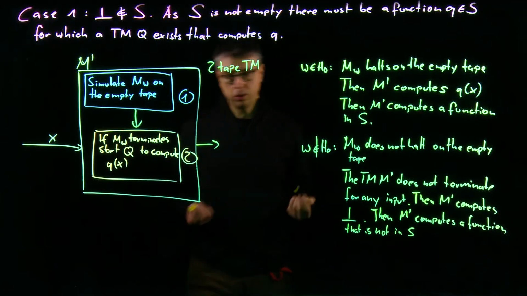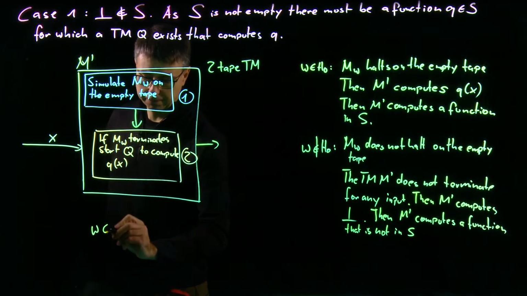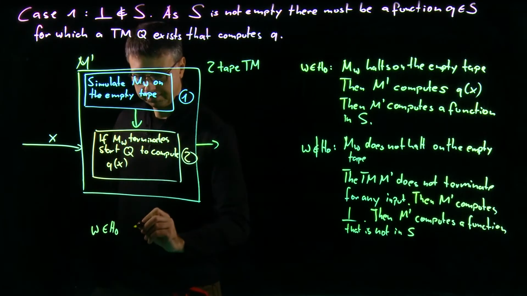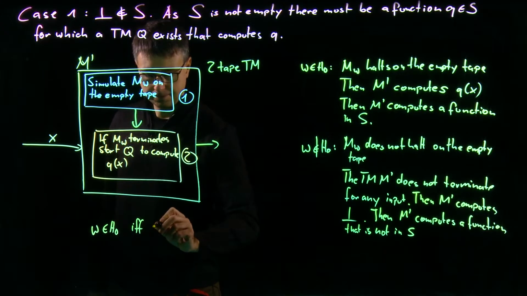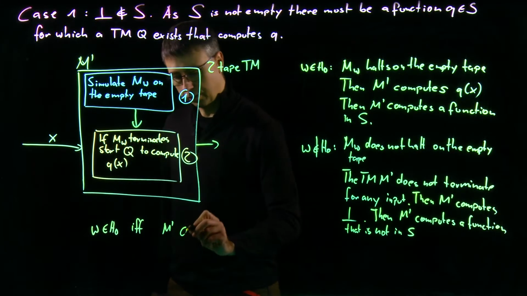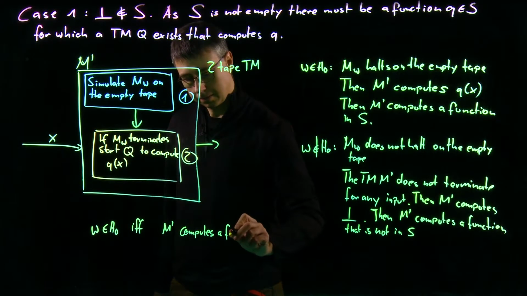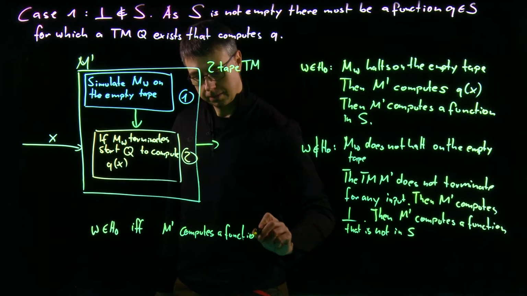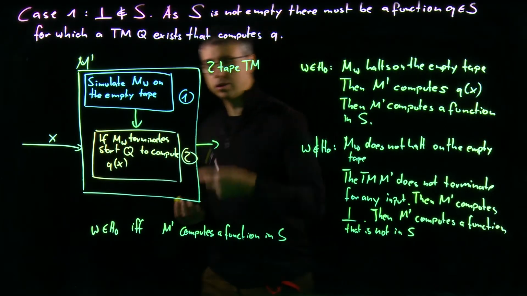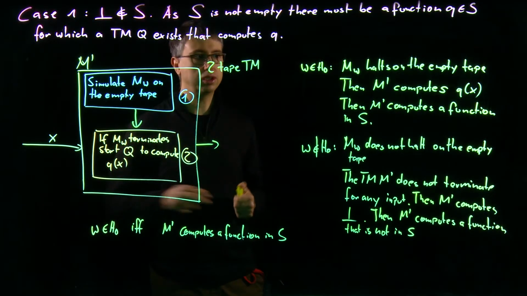So in conclusion, we know now that for some arbitrary Turing machine W, this Turing machine is in H0 if and only if the Turing machine M prime computes a function in S. So actually by this construction we would have a means to decide whether a Turing machine actually holds on the empty tape.